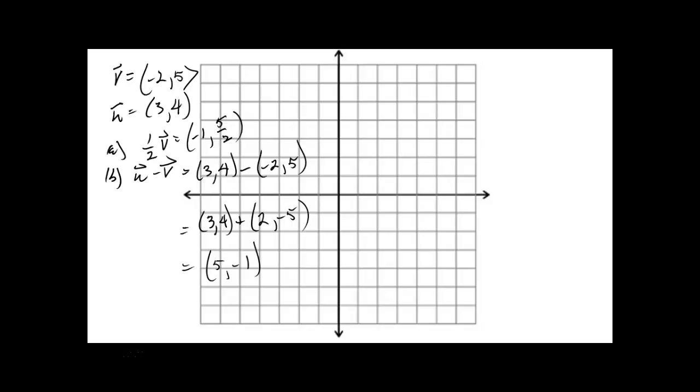Okay? How about 1/2 v plus u? Can you do that? 1/2 v would be what? Negative 1, 5/2. That's what we did before. We already have that. Plus u, which is 3, 4. And what does that give us?